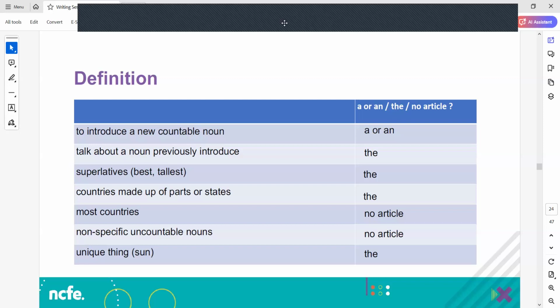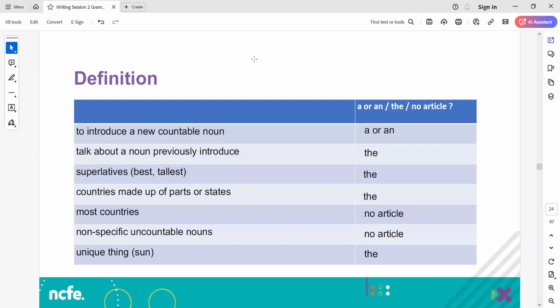Okay. So any questions about that? The area you mentioned, countries made up of parts of states. Did you say you can use the Philippines, the American? So you wouldn't say the American, you would say the United States. If you were talking about America, then you wouldn't use an article.